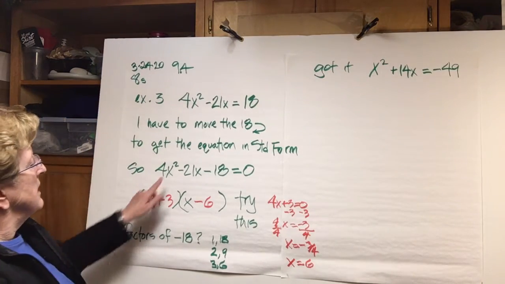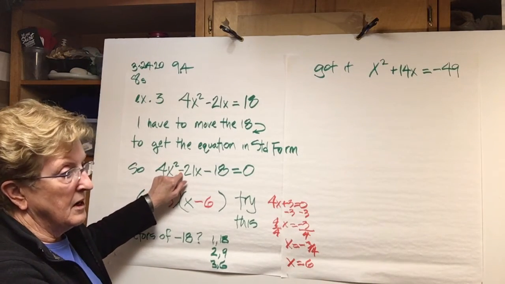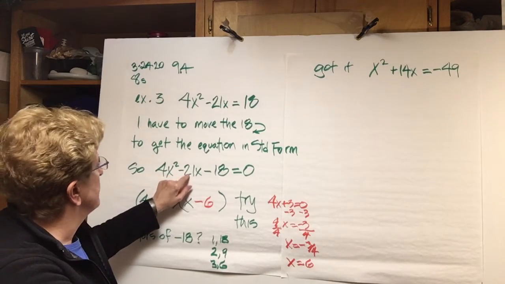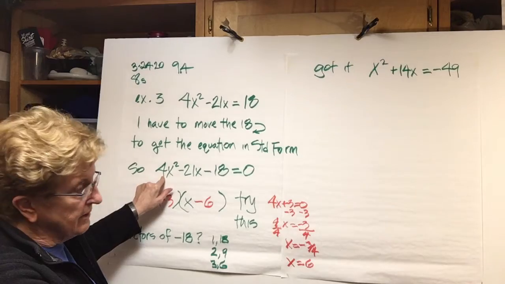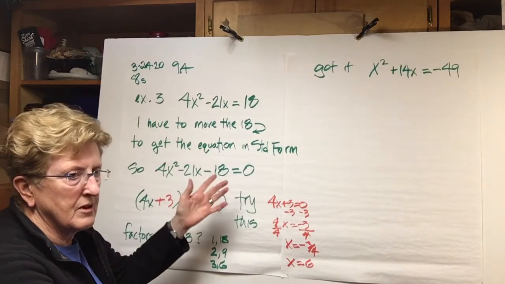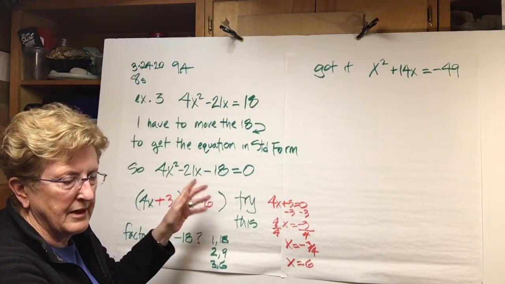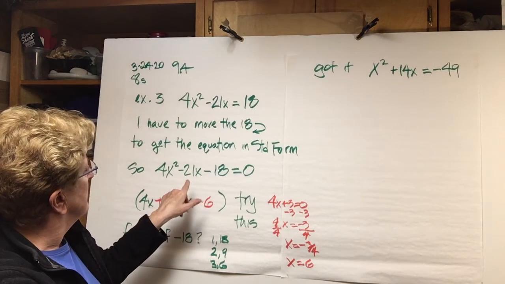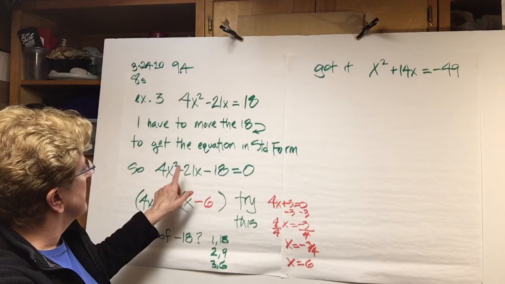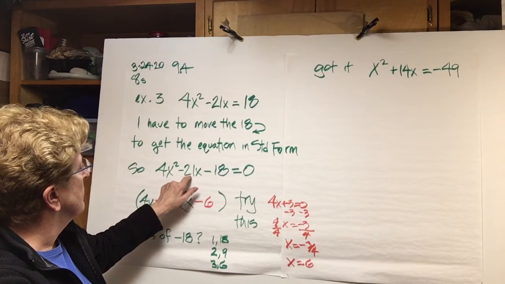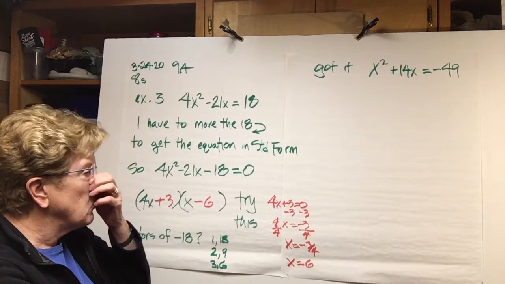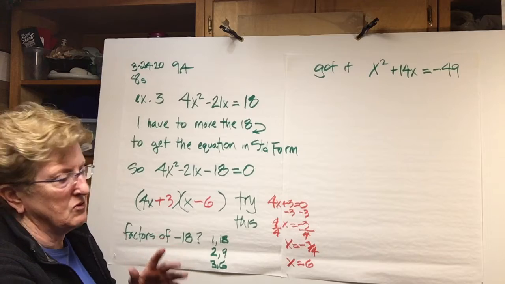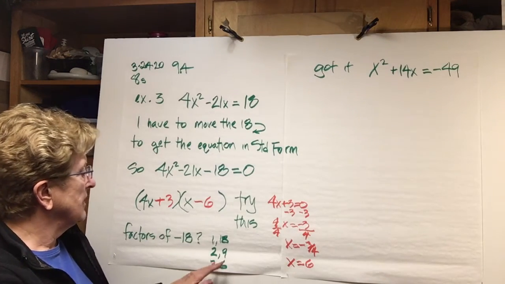And negative b would be a positive 21 and over 8, right? We'd have to come up with an improper fraction, 21 over 8, which would be a mixed number if you wanted to, but you could come up with the axis of symmetry. That's what we're doing here.